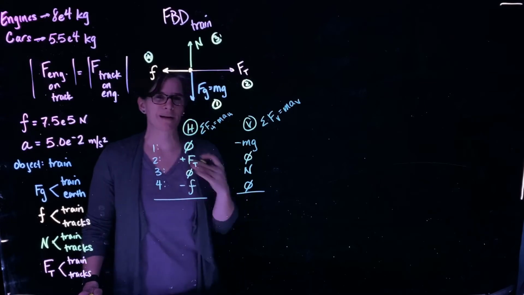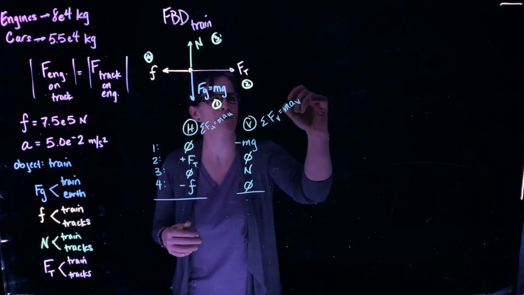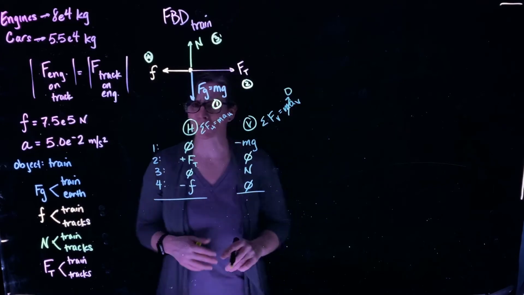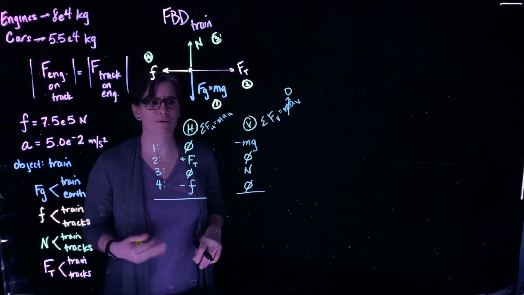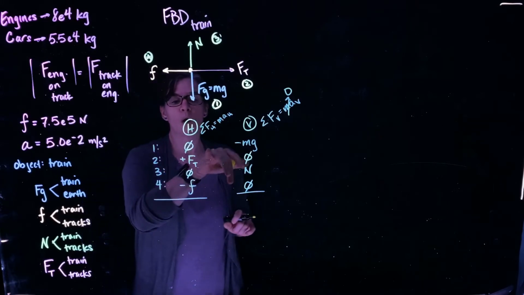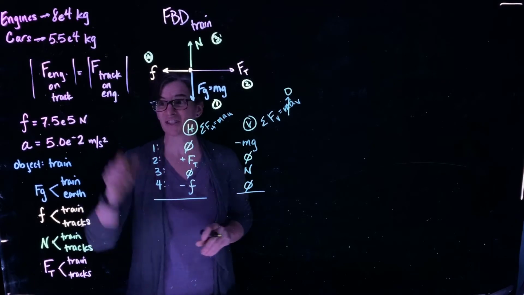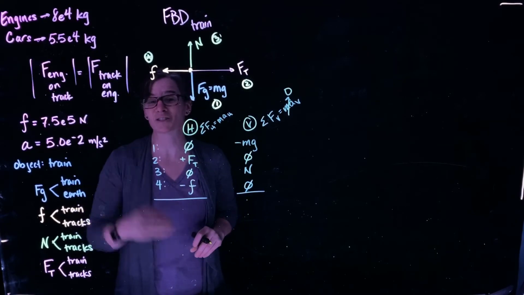Now we're interested right now in the horizontal motion. We have that horizontal acceleration. The vertical motion is non-existent, so it's not changing its motion because it's not moving vertically, but it's not really going to be important for our problem. We are interested in this force the track exerts on the engine, so we can determine the forces the engine exerts on the track.